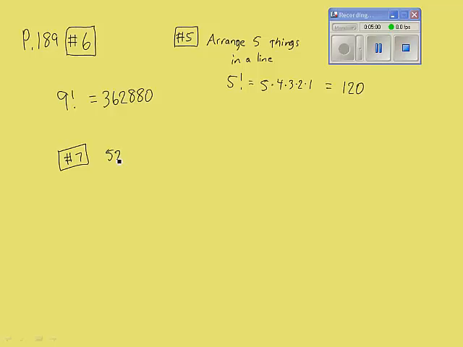All right, so there are 52 cards. I am dealt 2 of them. How many different ways could this happen? Okay?